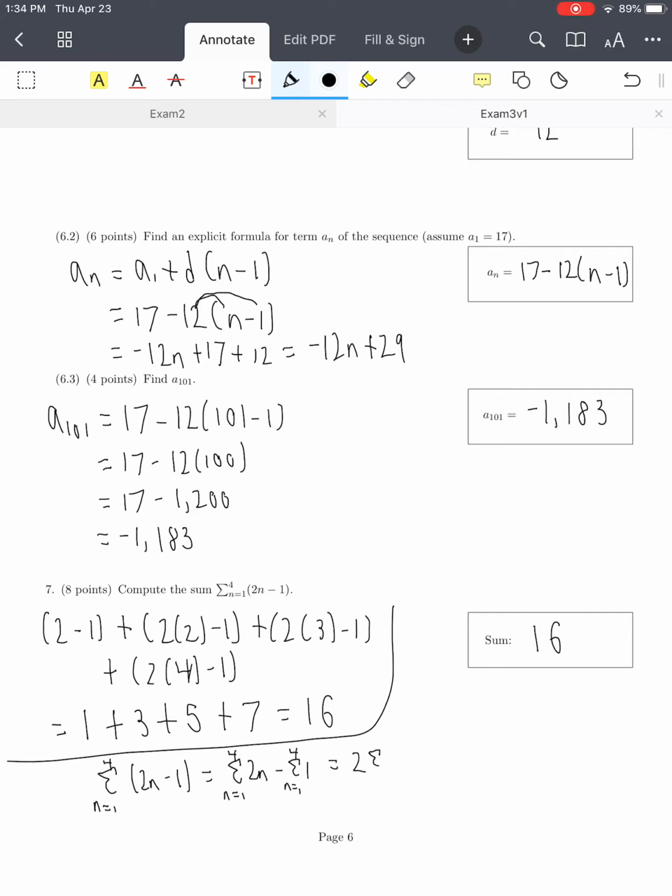That equals 2 times the summation of n from 1 to 4, minus, if we're just summing 1 from 1 to 4, that's just 4.